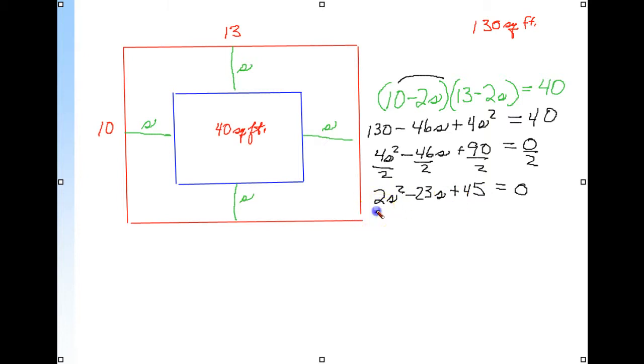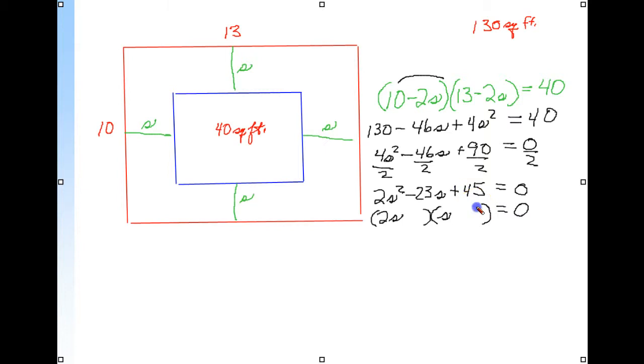Now, I could use the quadratic formula for this, but it actually factors nicely. This is prime, so this is going to be 2S, and this will be an S. Now, I'm looking for factors of 45 that will add up to a negative 23.